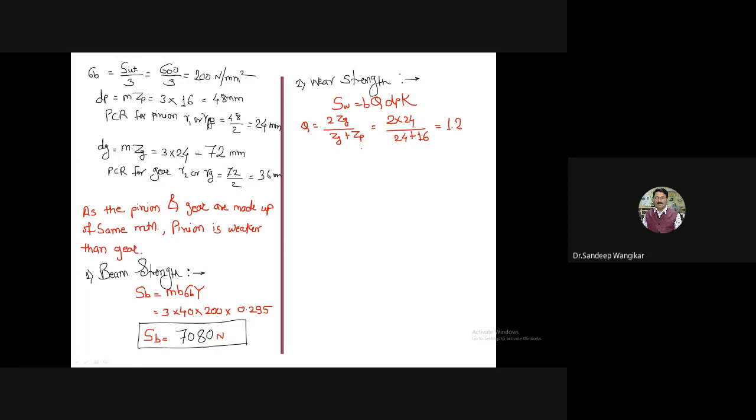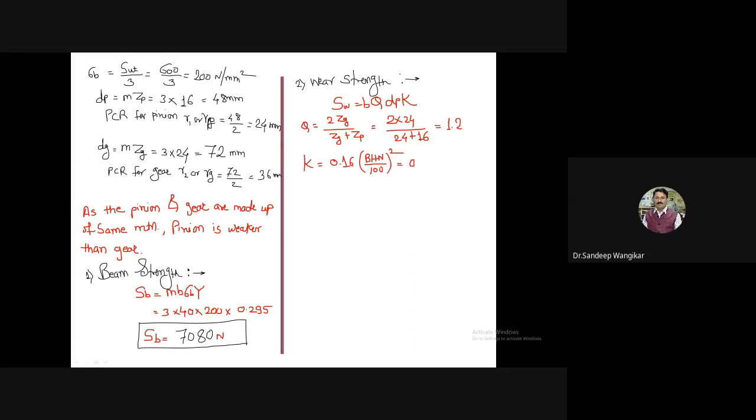Now what next? Next will be the K value. As both the gears are made up of steel material and pressure angle is 20 degree, this should be the line every time from your side. K is equal to 0.16 into (BHN divided by 100) whole squared.